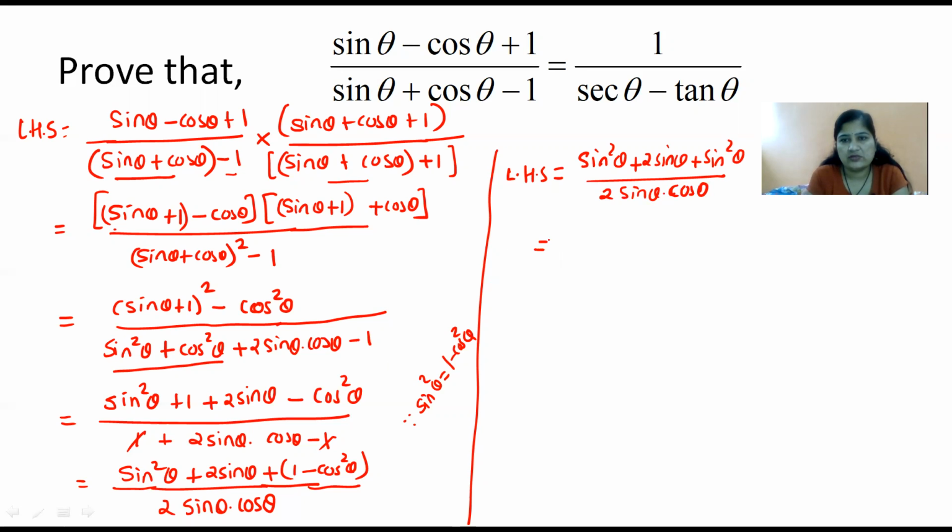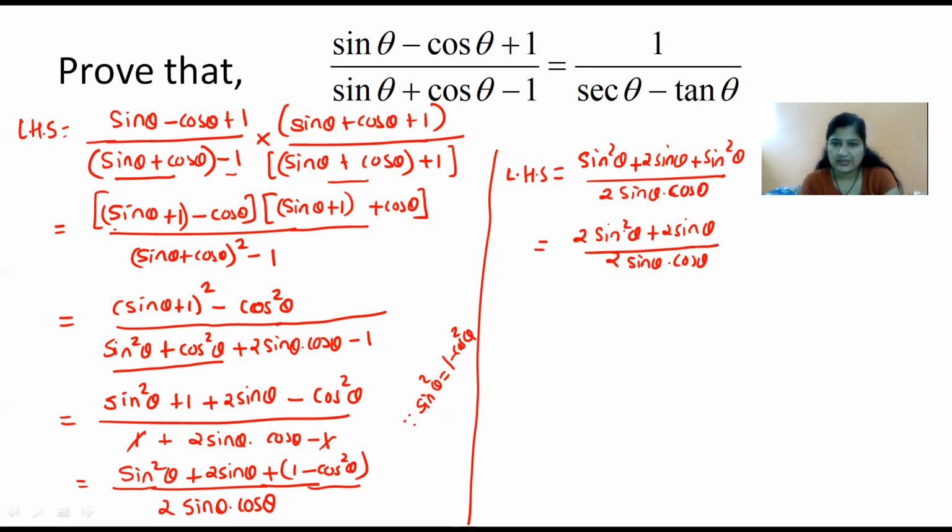Okay. So sin square theta plus sin square theta is 2 times sin square theta. So 2 sin square theta plus 2 sin theta upon 2 sin theta cos theta.